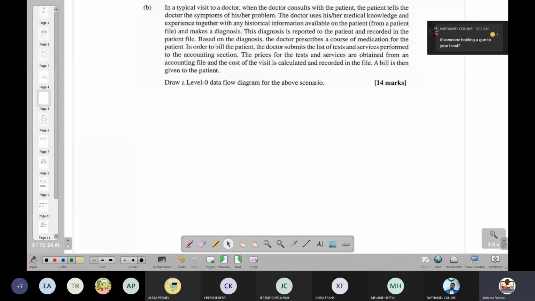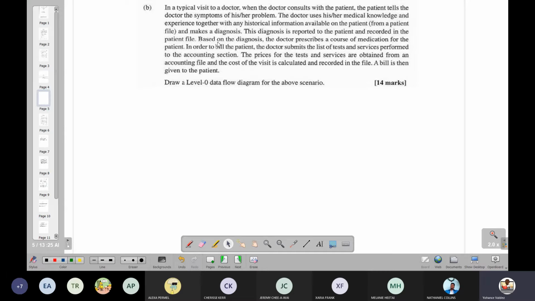All right. Oh, you all could do your own zoom. Okay, so in a typical visit to a doctor, the patient tells the doctor the symptoms of his or her problem. The doctor uses his or her medical knowledge and experience together with any historical information available on the patient from a patient file and makes a diagnosis.